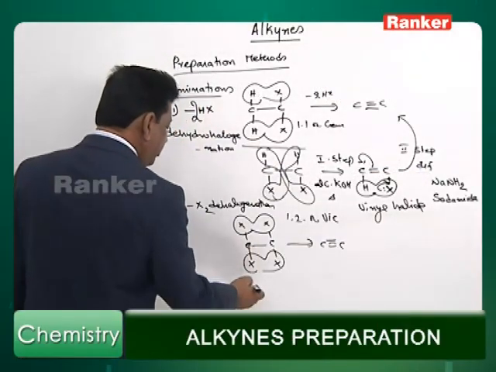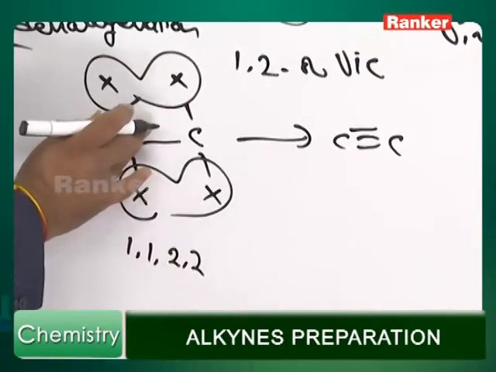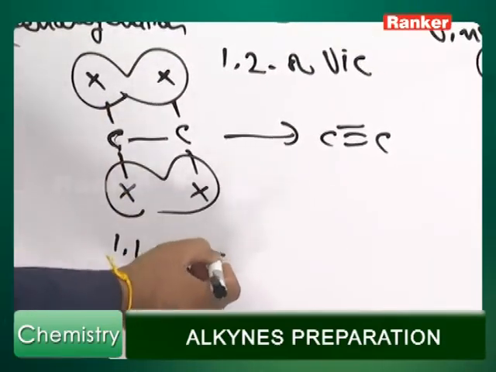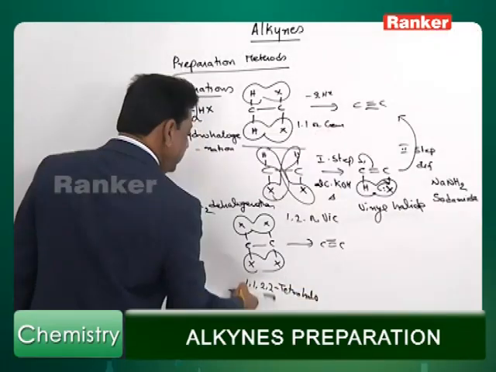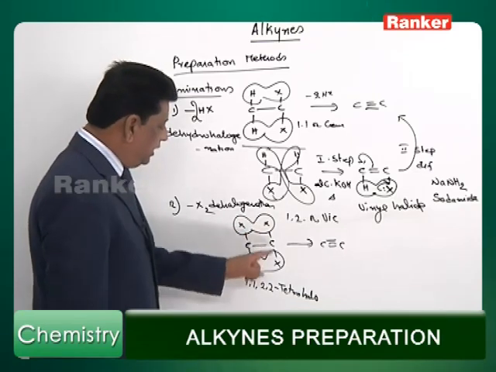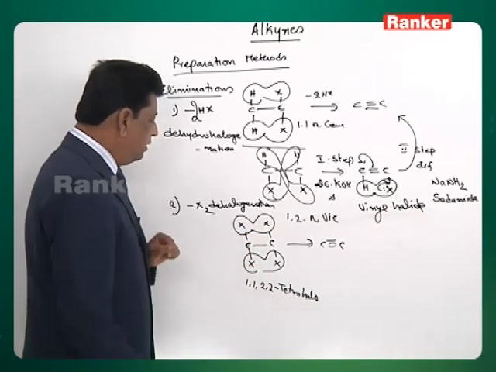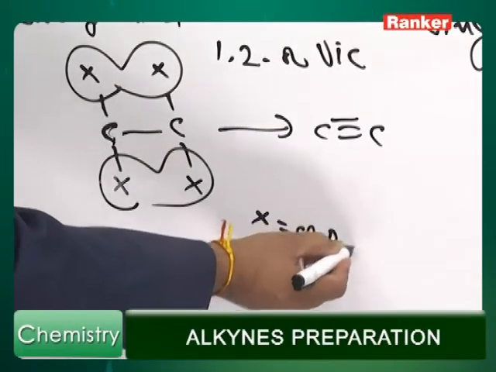So, this type of compounds are called 1,1,2,2 tetrahalo alkanes, that means in the first carbon 2, second carbon 2 halogens. Halogens can be here, X can be chloro or bromo.